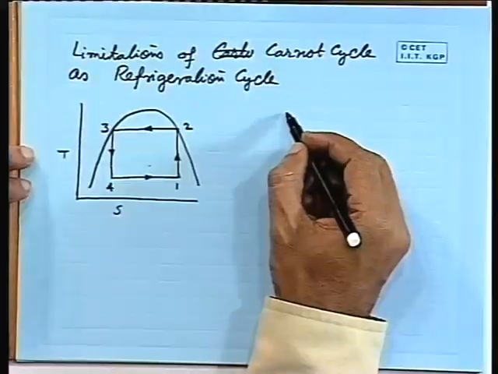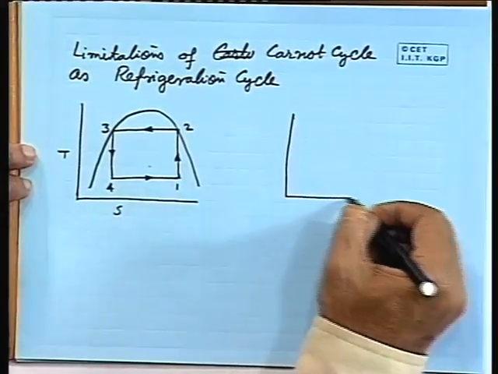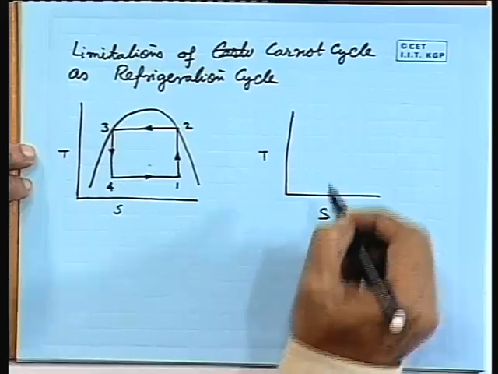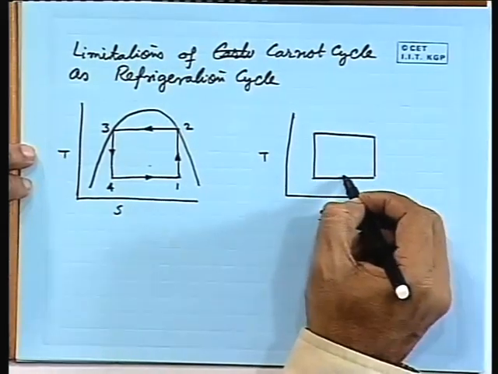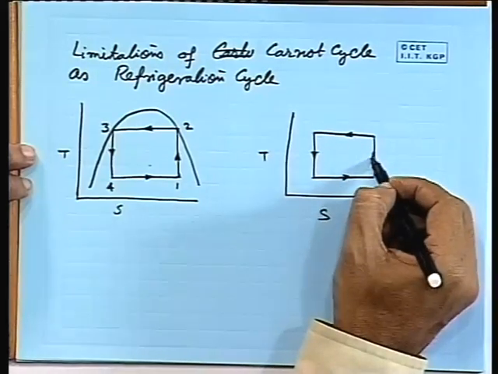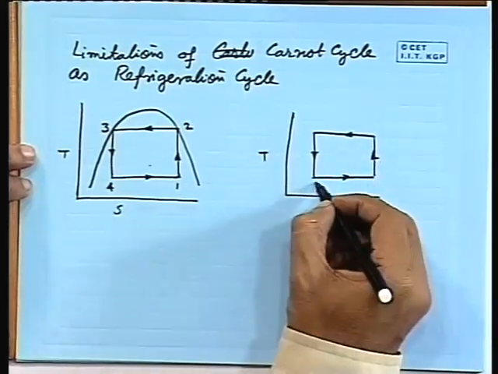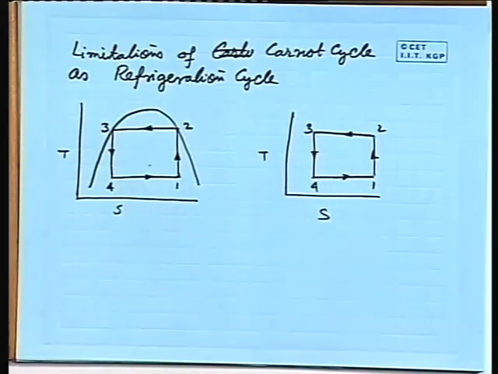Now, in case of gas, if we design this, that we have got a gas and we have got this 4, 1, 2, 3. So, what happens in case of gas when it is a single phase fluid?